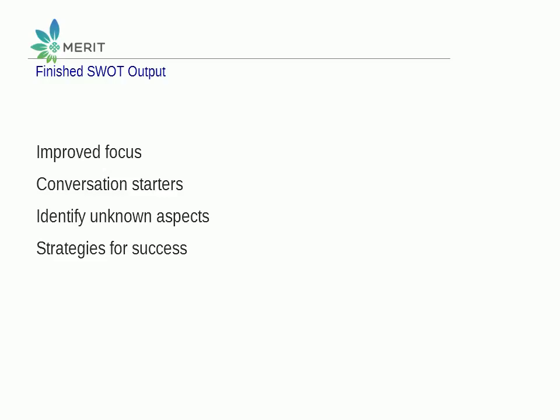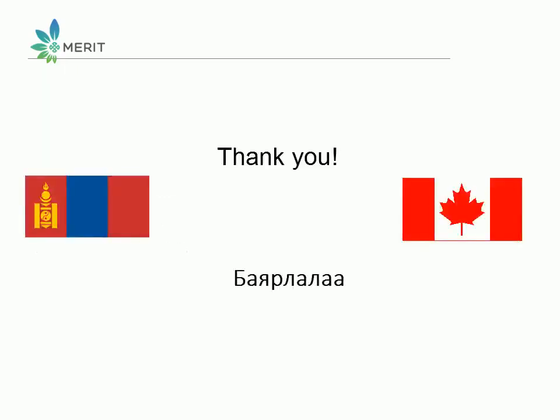So part of this exercise is to help you communicate with each other so that you understand what each other is doing as well. And so at the end, our objective is to come up with the strategies for a successful implementation. That being said, thank you.